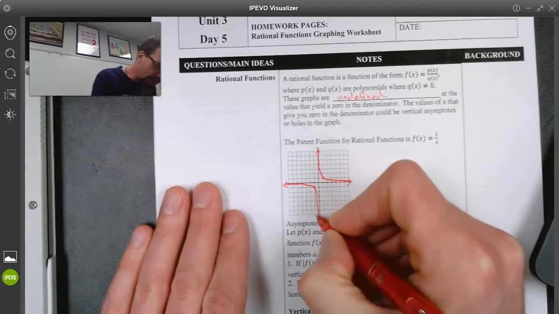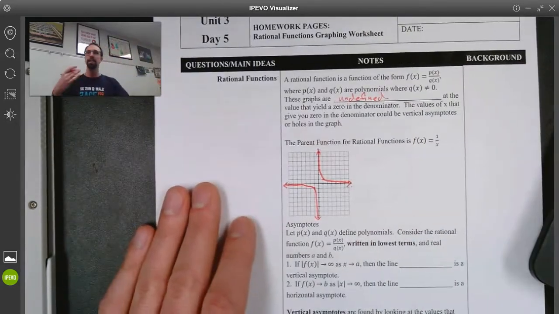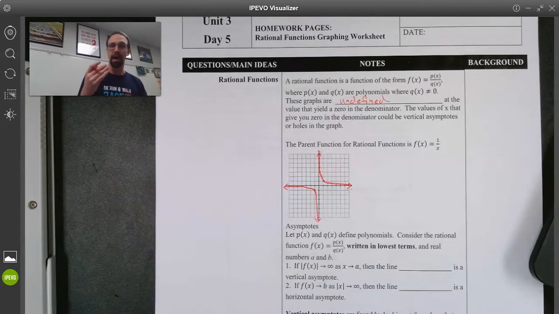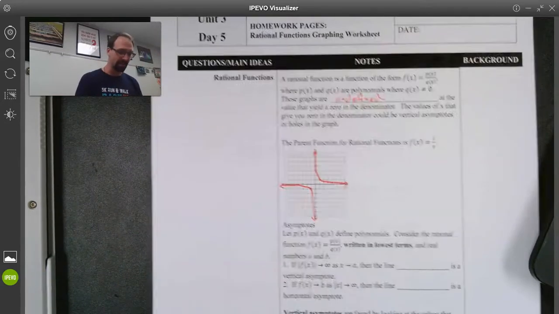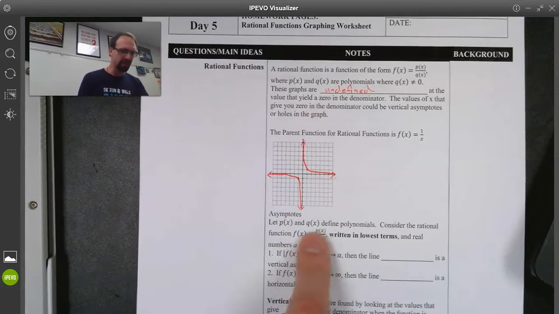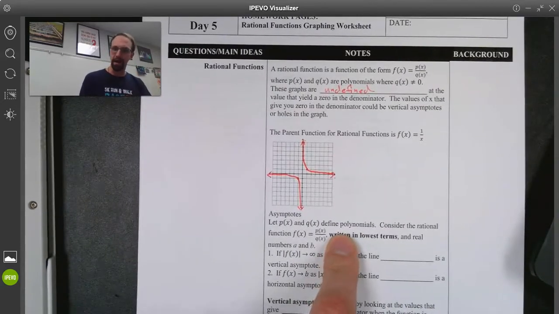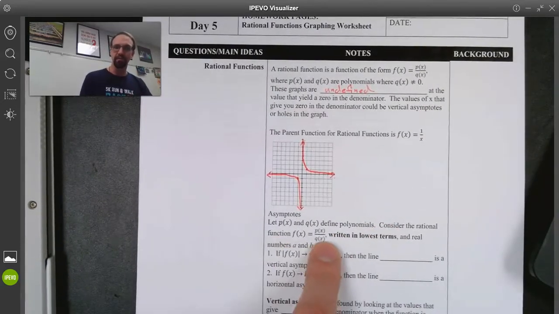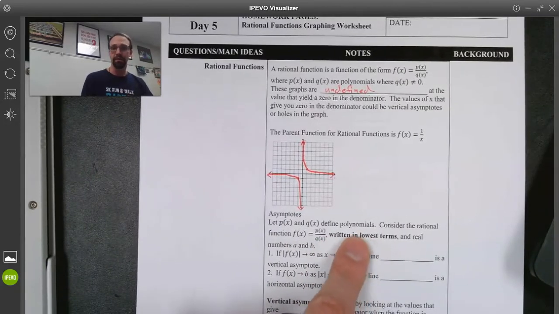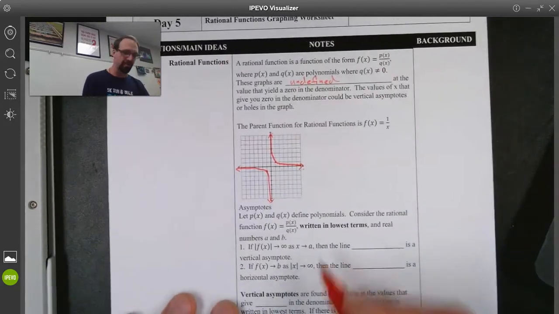Again, the idea is that you're getting really close, but never actually touching either the x or the y-axis in this example. p of x and q of x are defined as polynomials. Consider the rational function written in lowest terms. Remember, what does that mean?